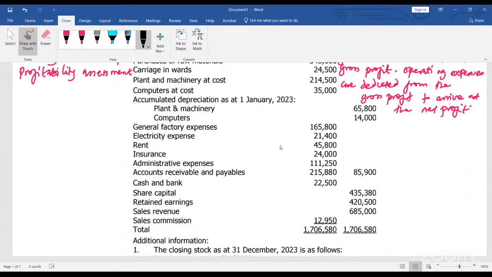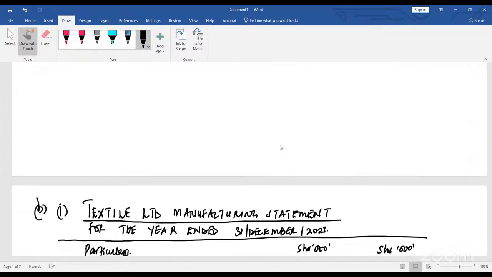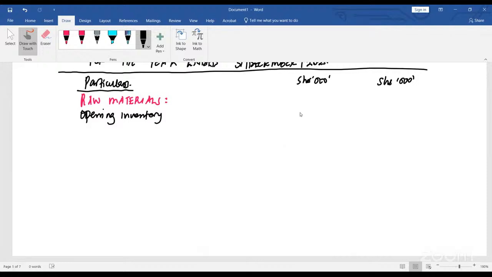45,800. So opening inventory of raw materials, we have 45,800. Now to that opening inventory of raw materials, we add the purchases.